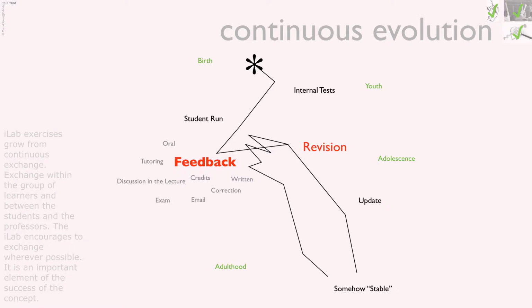And this can range from typos, so hopefully we don't have that many in anymore, to, okay, the following content was really boring, we want to have something else in for the next term, and so on. And then we are revising the exercises, and then the exercises are stable and can be run, and you will see that our exercises are quite stable, so it's a lot of fun doing those exercises.